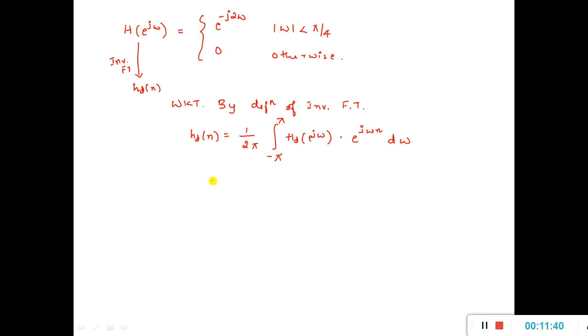So this is the fundamental definition. Our limits are nothing but a frequency range.